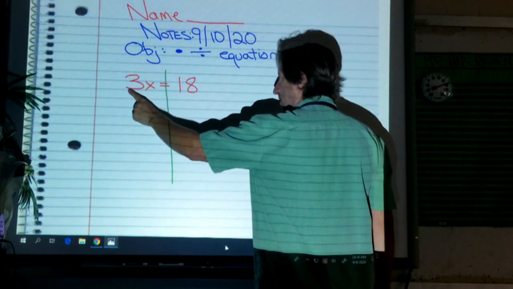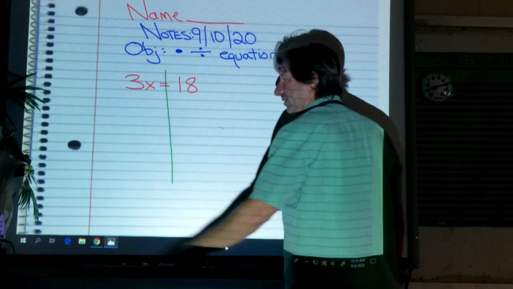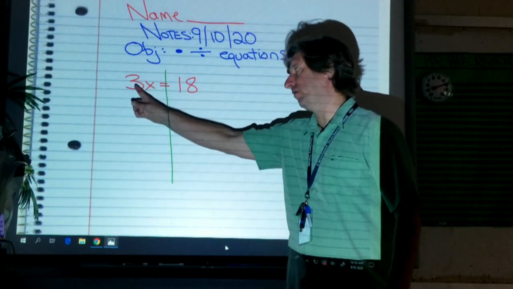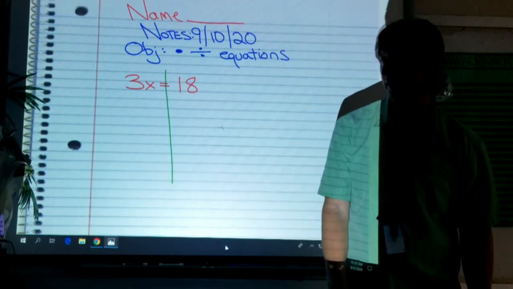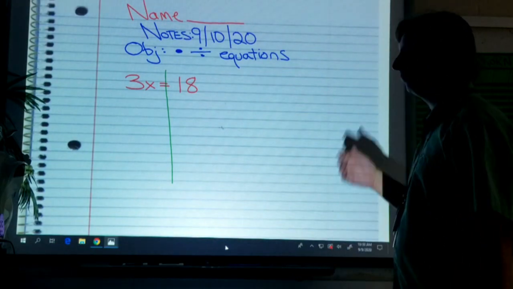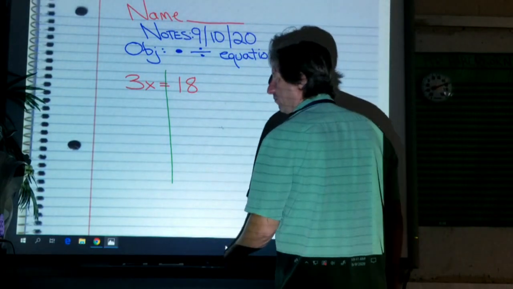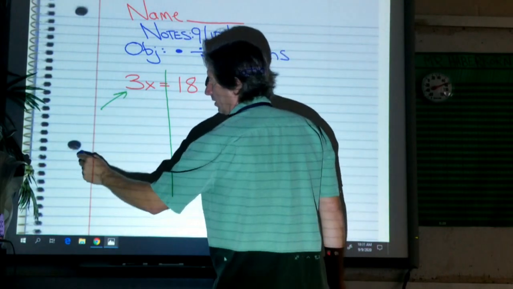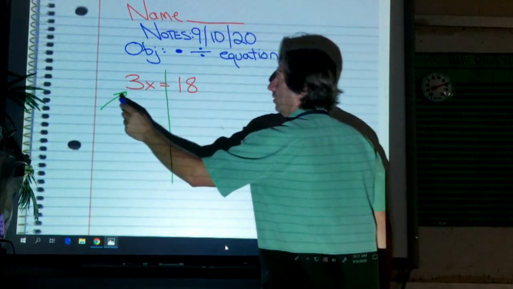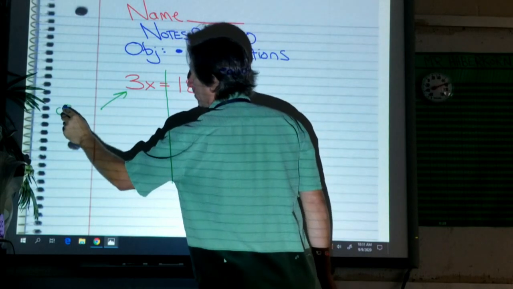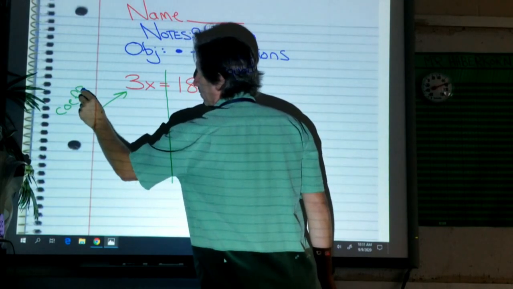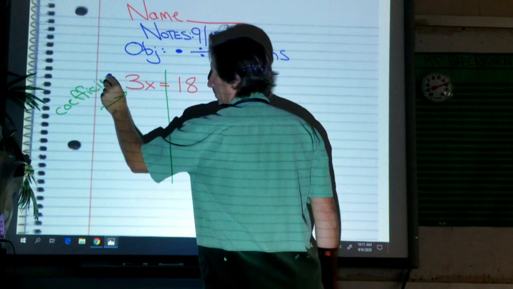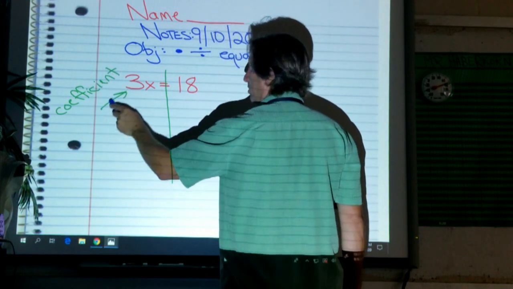So this isn't 3 plus x, this means 3 times x. When a number and a variable are touching, that means you multiply. This number in front of the variable has a long name. It's called a coefficient. And that just, all that means is you're multiplying this.